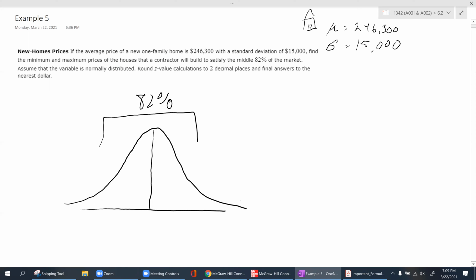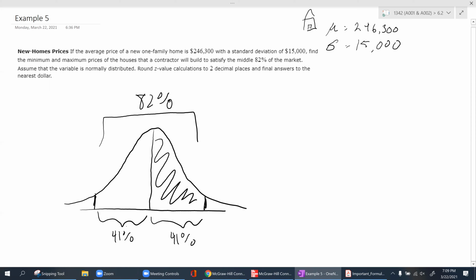If 82 is from, let's just say, from here to here, how much is each half? You divide it by 2. So in other words, this here is going to belong to 41%, and this here is 41%.